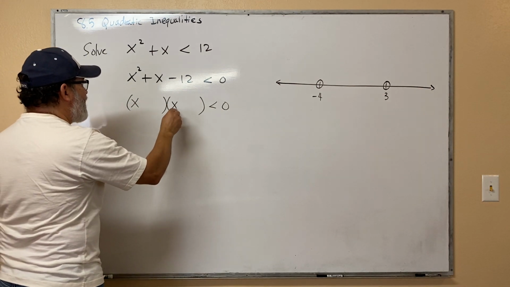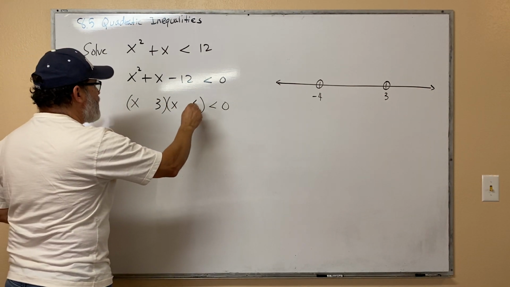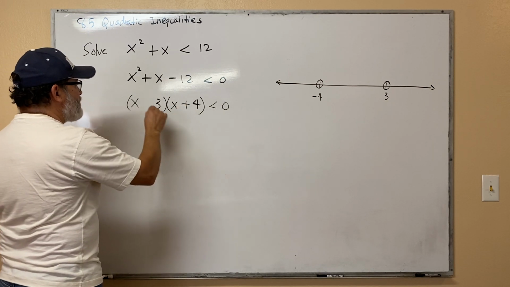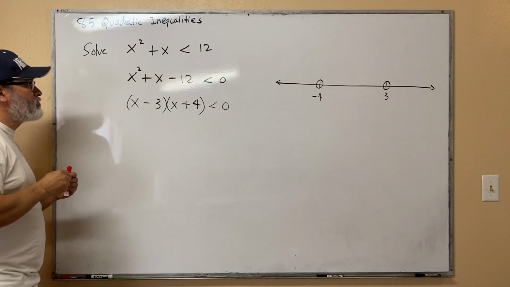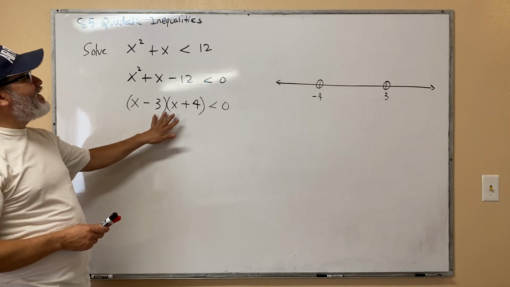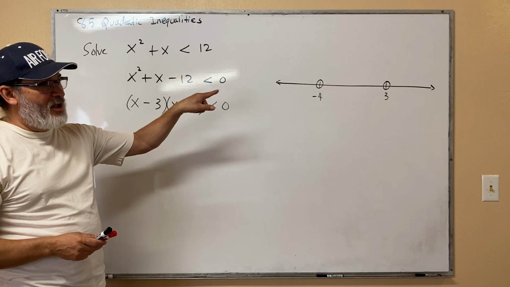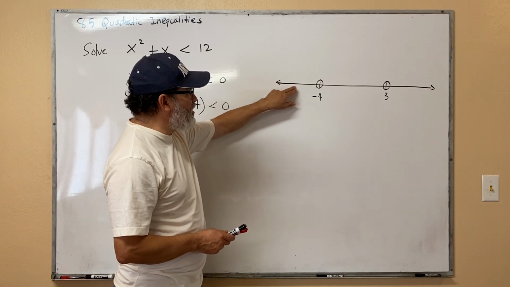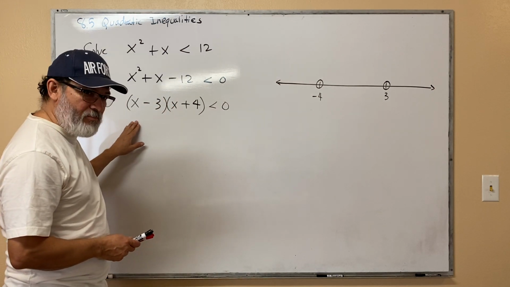X, 3, 4, right? Plus, minus. I'm gonna check each region. I'm gonna plug in a value from this region.